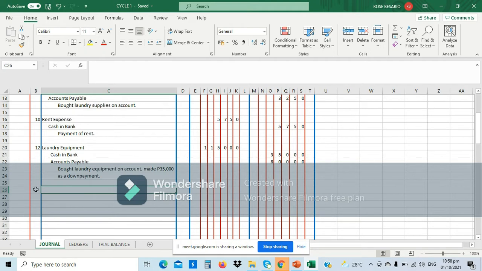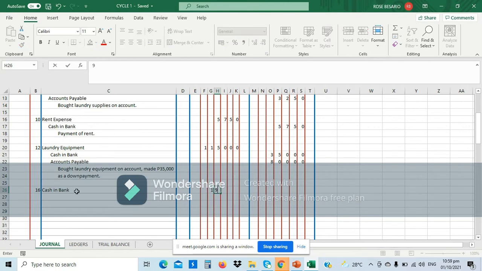Then we proceed to May 16. So May 16 is revenues earned on cash basis for the first half of the month, 19,250. So this is a cash receipt, no? So cash collection. So we debit cash in bank for 19,250.